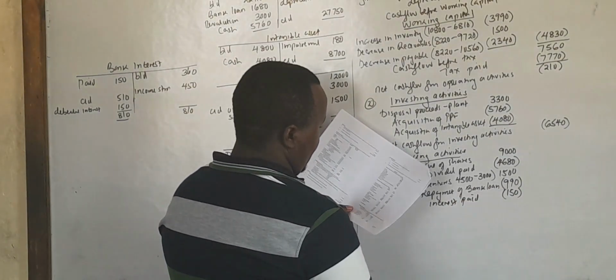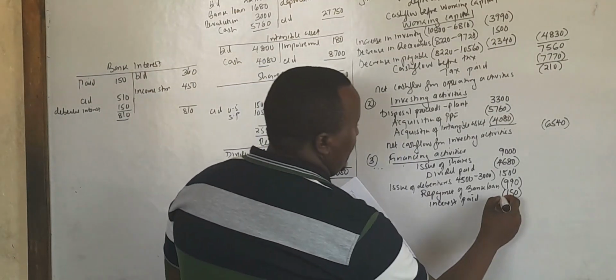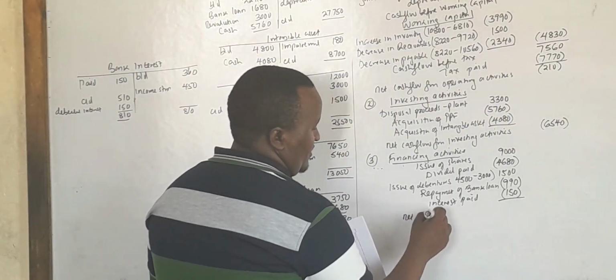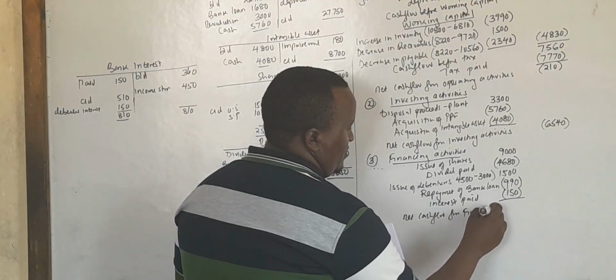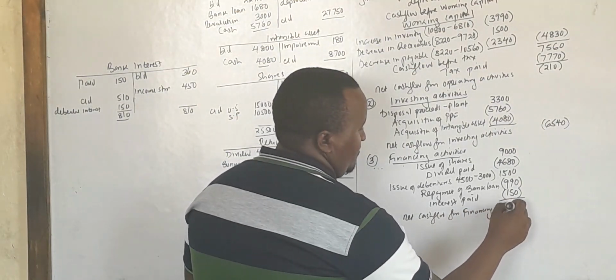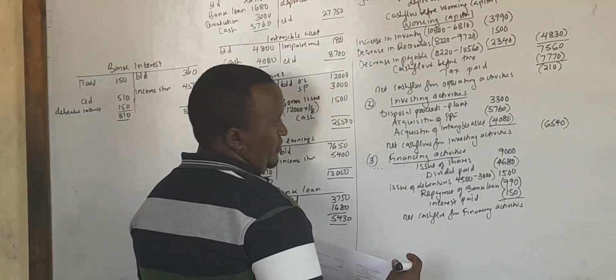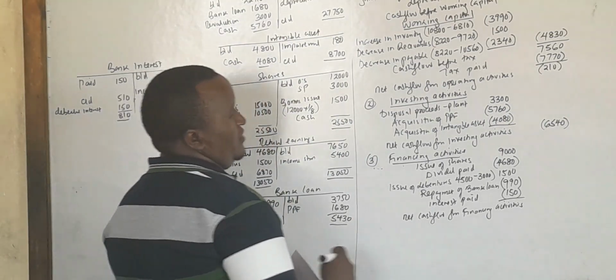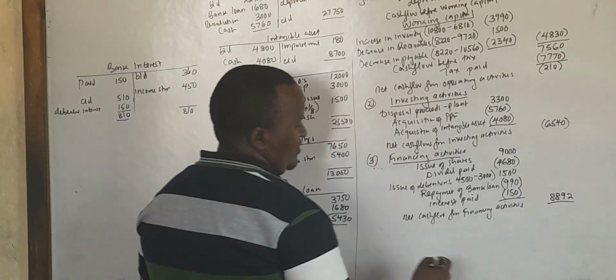We have covered everything. So balance that. Cash flow, net cash flow. Net cash flow from financing activities. $88 positive. Cash flow for the year.